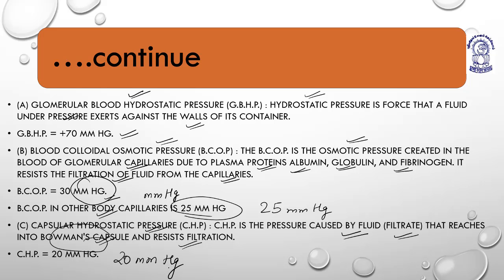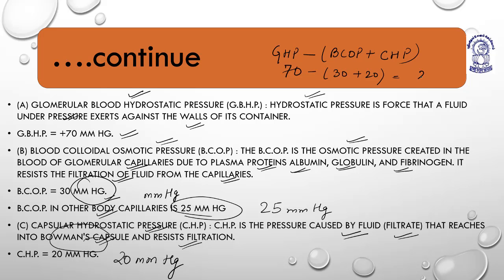So the glomerular blood hydrostatic pressure, minus the blood colloidal osmotic pressure plus the capsular hydrostatic pressure. It is around 70 minus 30 plus 20.